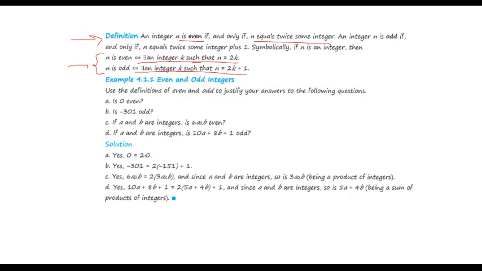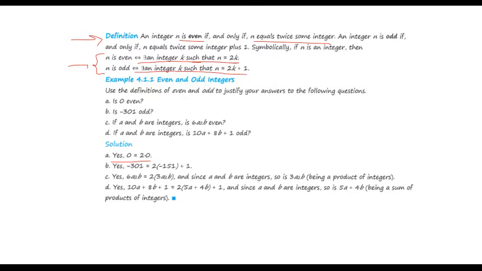So let's see an example of the book about even and odd integers. It basically says use the definitions of even and odd integers to justify your answer for the following questions. We have 4 questions. The first one: is 0 even? And the answer is yes, because 0 can be written as 2 times k, where k is 0. You just need to say that in the definition the integer k should exist.